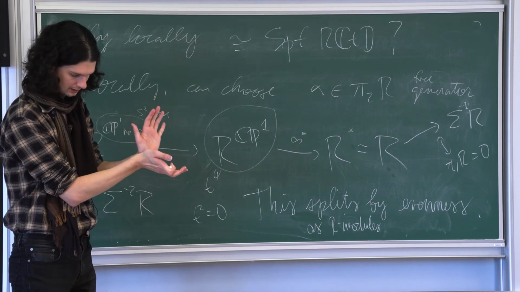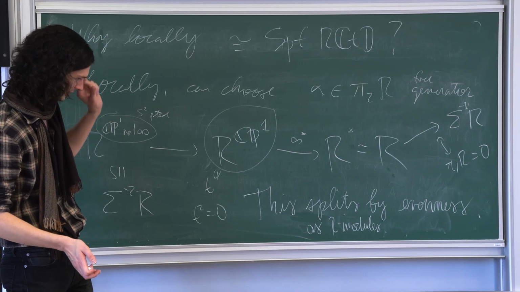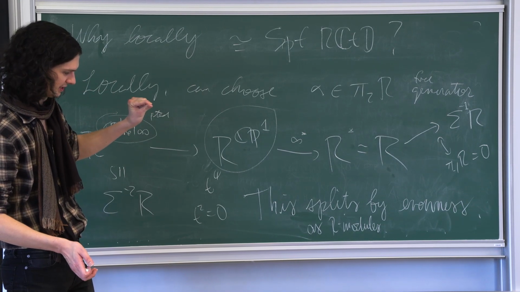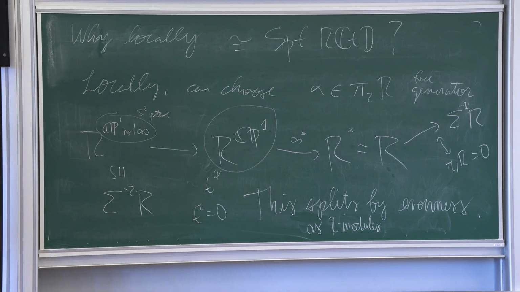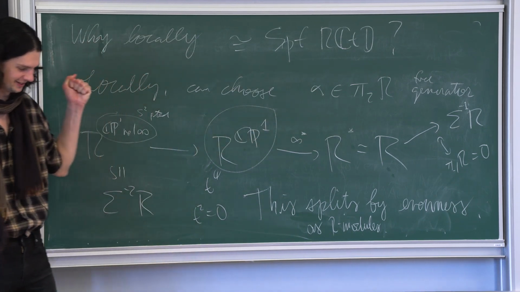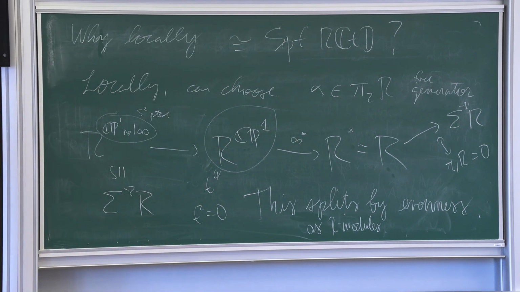Then you can choose a T which looks like it does what you want on the E2 page, and you can lift it to something in the homotopy of R. Then the powers of T will have to form a basis. And you can also check that T to the n plus 1 is equal to 0. There are different possible arguments for that.